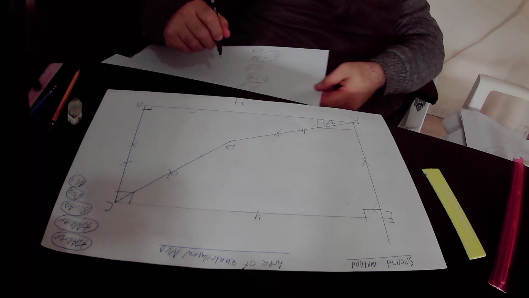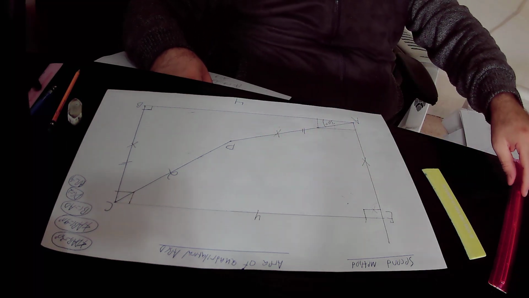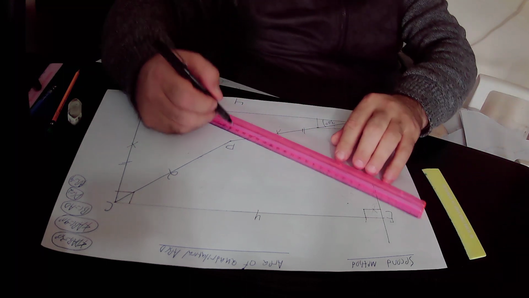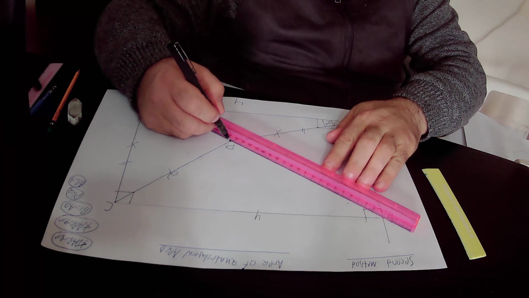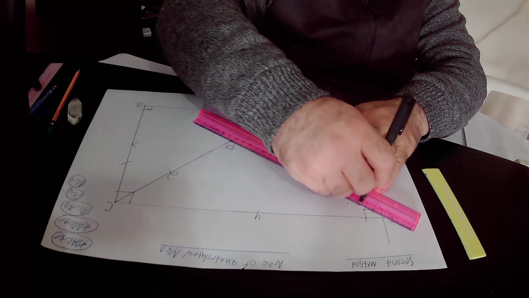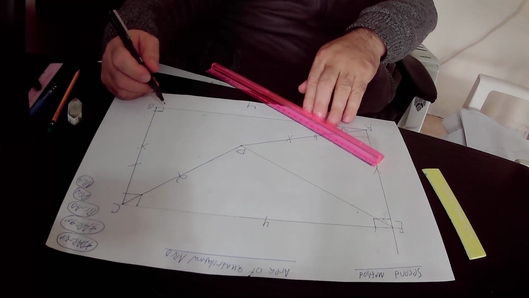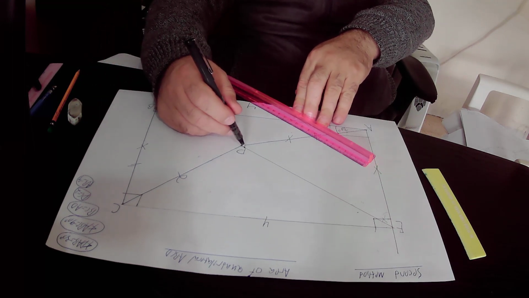So in the next step we will join points E and D together by a straight line. And we will join points D and B together by a straight line.